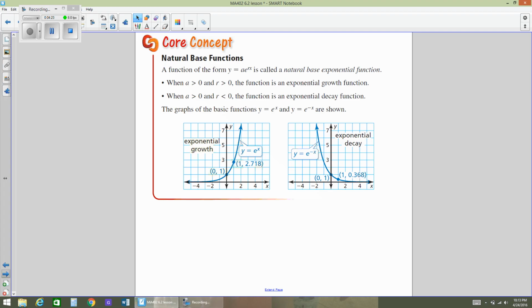And the a value, the initial amount, is always positive and not 0. And then the rate can either be positive, meaning growth, or negative, meaning decay. And then this is just the image of the graphs to give you an idea. But we're going to go ahead and use our calculators.